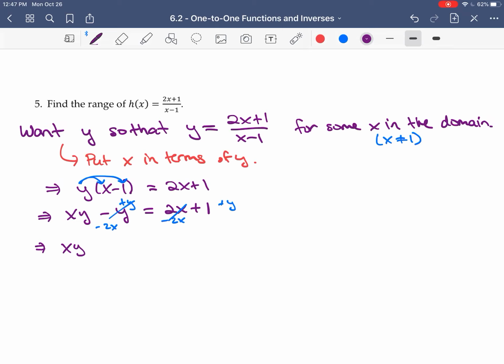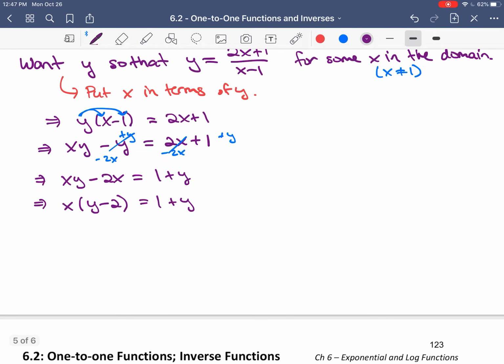So that gives me xy minus 2x is equal to 1 plus y. Now I can factor out the x, and now I can divide. So x is 1 plus y over y minus 2.